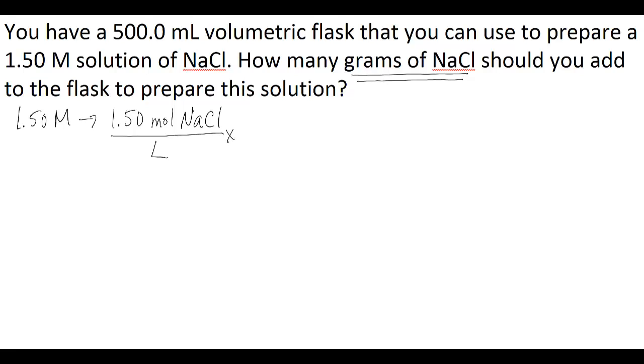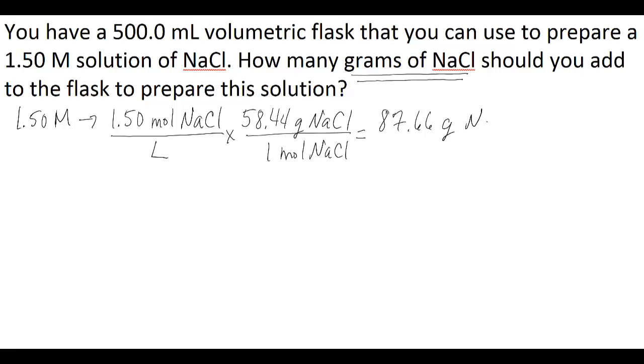In order to do that, you can use the molar mass of sodium chloride, so it's 58.44 grams of sodium chloride in 1 mole of sodium chloride. So that is going to give you 87.66 grams of sodium chloride per liter of solution.